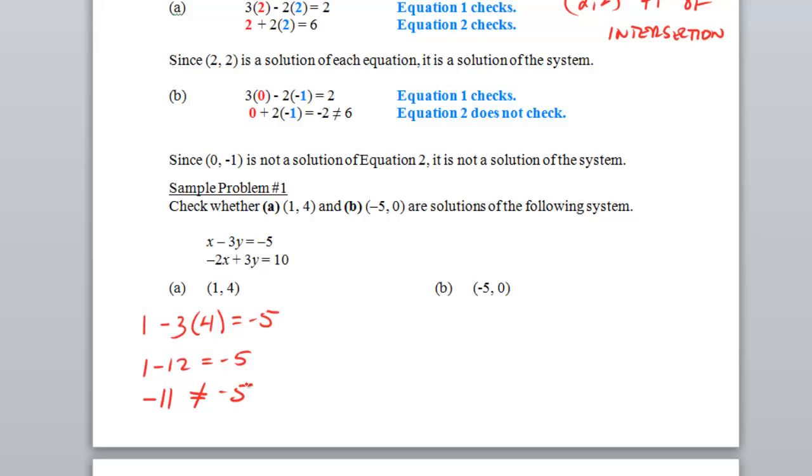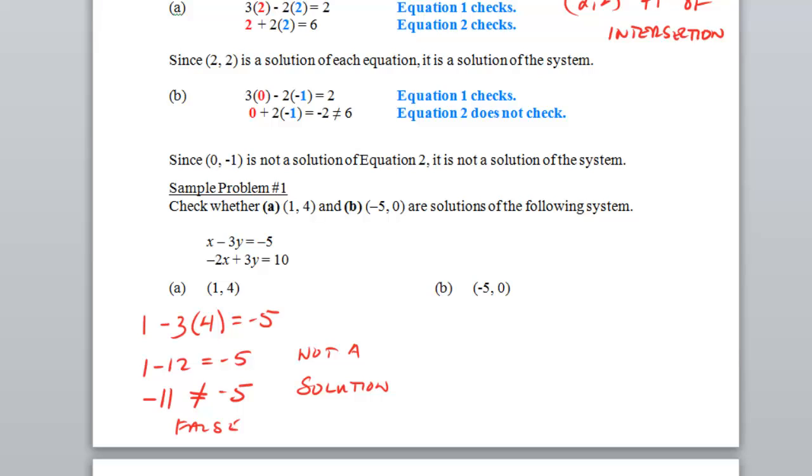Since that's a false statement, it's not a solution. Notice I didn't even have to check the second equation, because if it's not a solution for one of the lines, it can't be a solution for both of the lines. That's a good indication we can go ahead and stop.